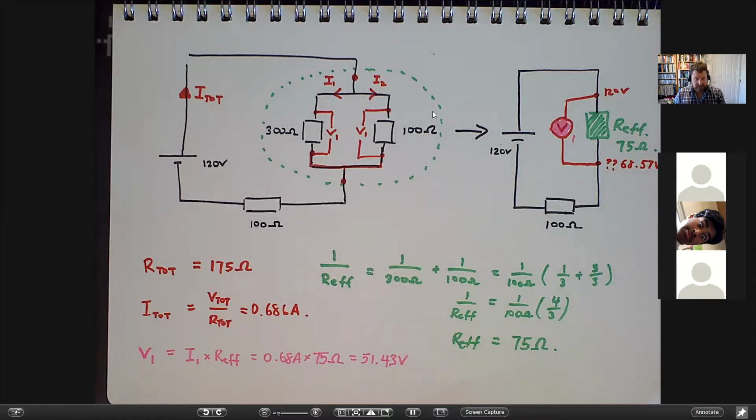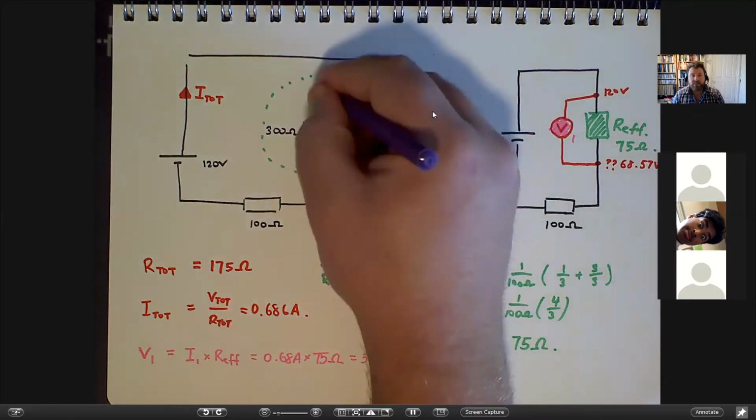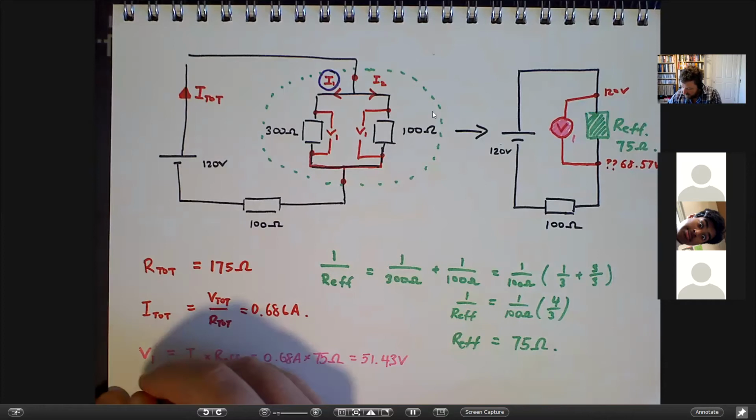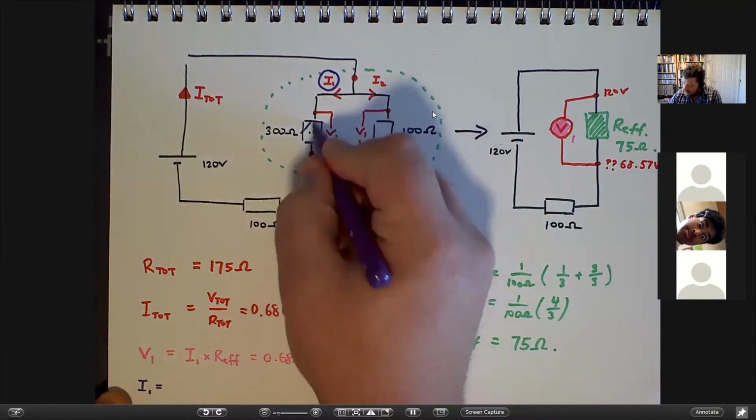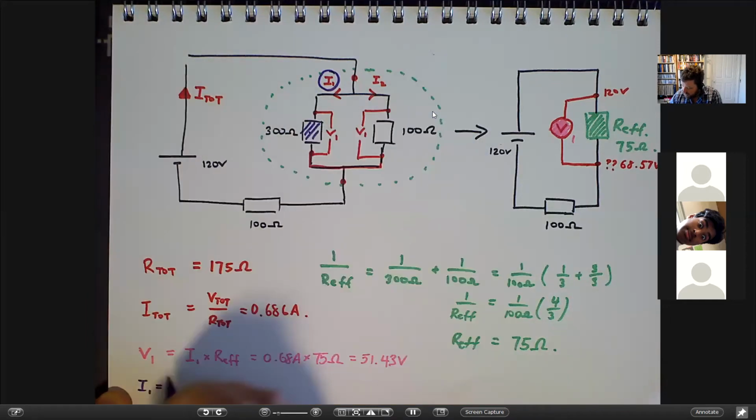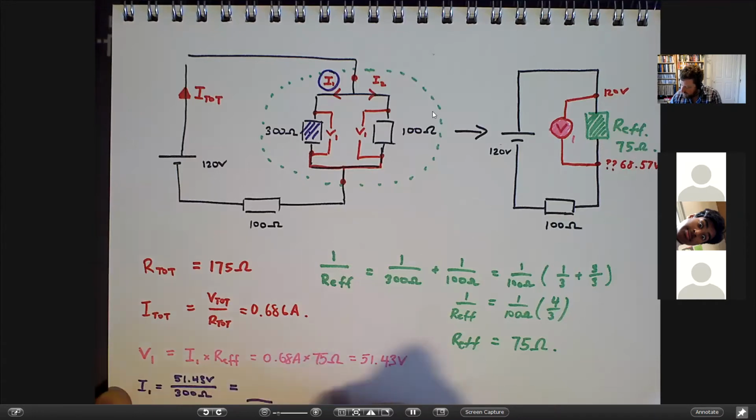So let's do that, to finish this off. Let's make I1 purple. So I1 is going to be, I'm going to examine this resistor here, so it's going to be 51.43 volts over 300 ohms, equals, and I'm just going to leave that until I've done I2.